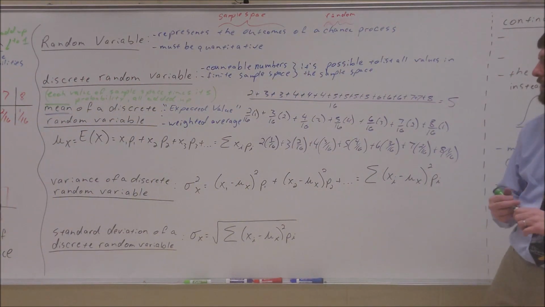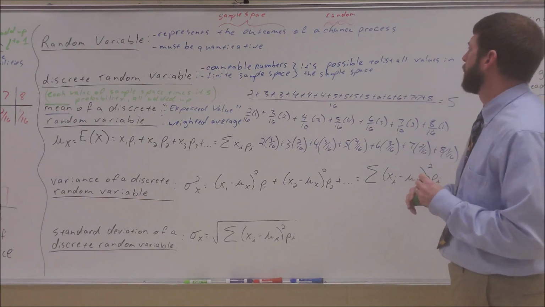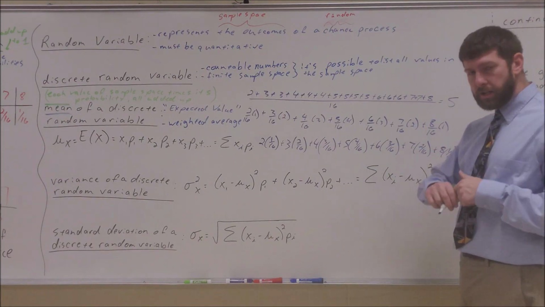Now, what does this expected value actually mean for us? And what do we mean by the mean of the discrete random variable? So the mean is just the average.